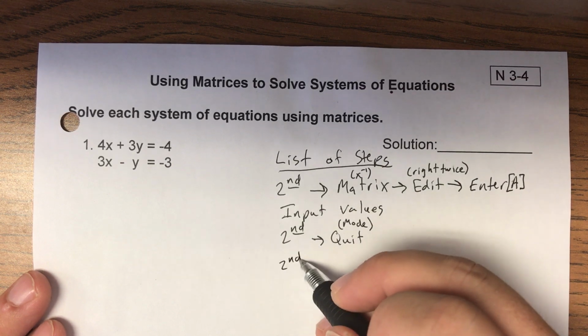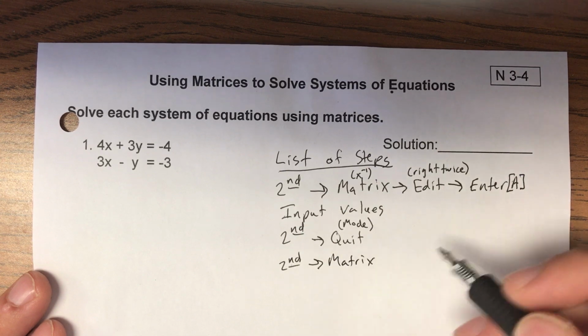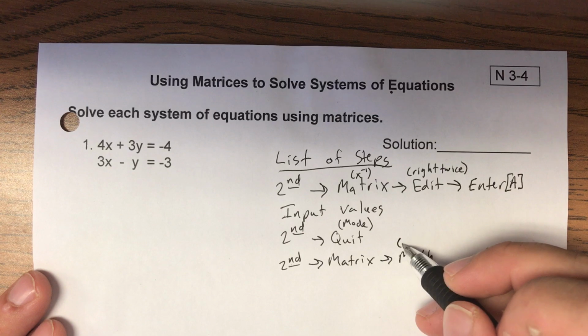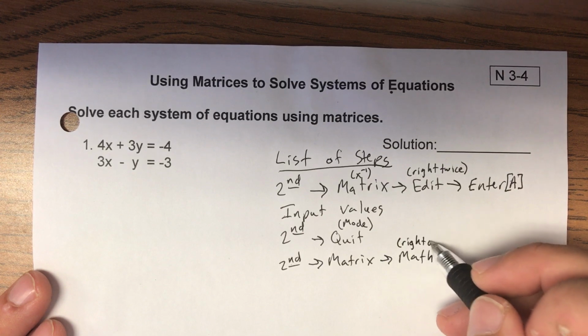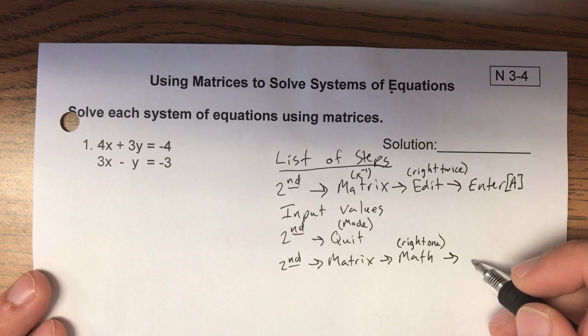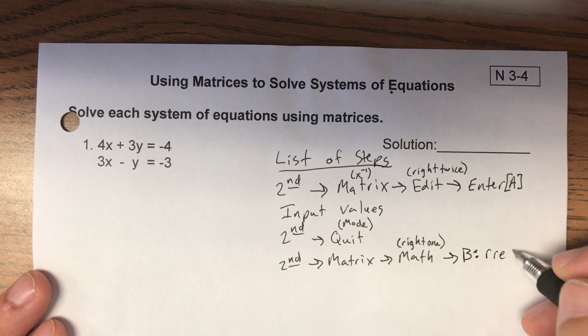Then we'll go second back into the matrix. We're going to go to math, which is just right 1. And then we're either going to go up or down to its letter B, and it's RREF.